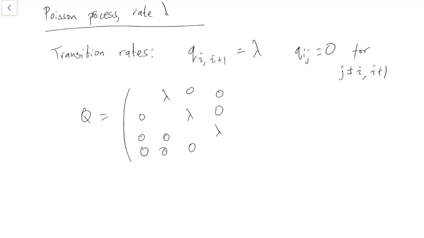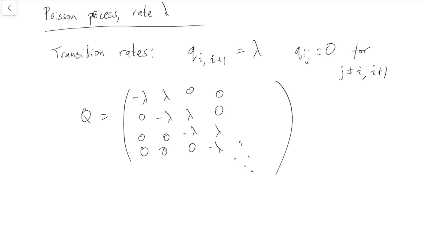And then what about the diagonal itself? Well, we've got to make the rows add up to 0, haven't we? Because in a transition rate matrix, the rows always add up to 0. So on the diagonal, we'll have to put a minus lambda. And so on. That goes down the diagonal forever because it's infinite. So that's how we can see the Poisson process as a special case of this.